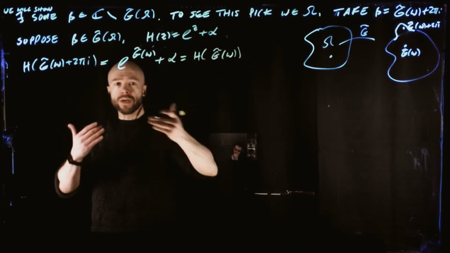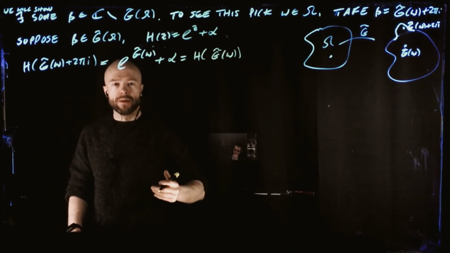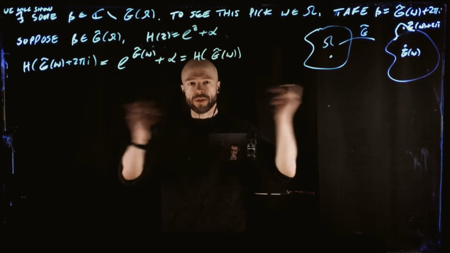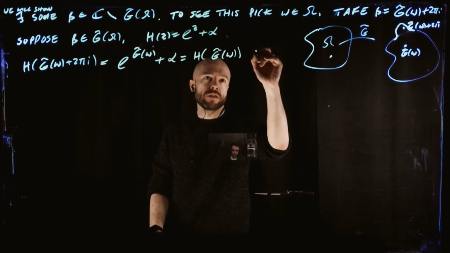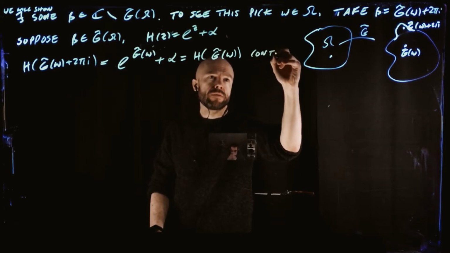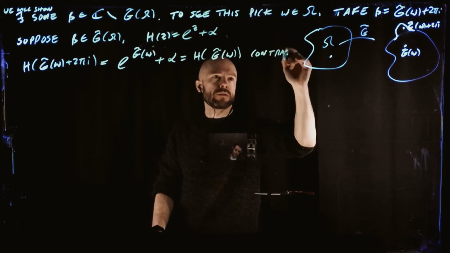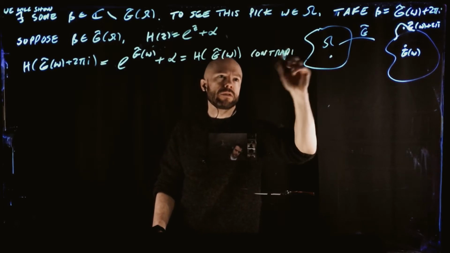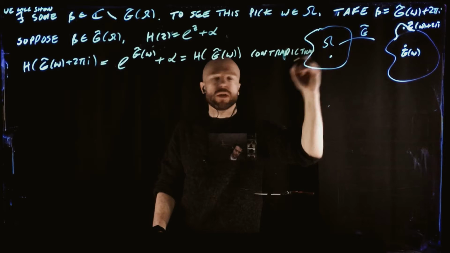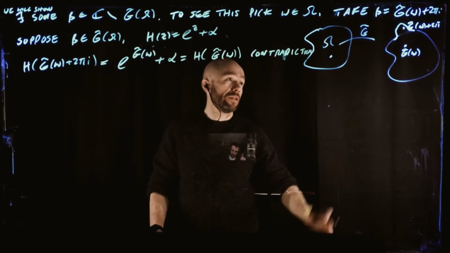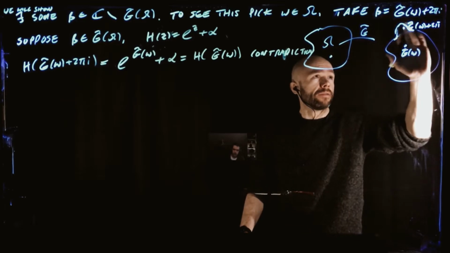And therefore, h is not a well-defined one-to-one mapping. Because h is the inverse, it's a bijection, contradiction. Are you all happy with that step? Cool. So it is indeed not inside, it's outside.